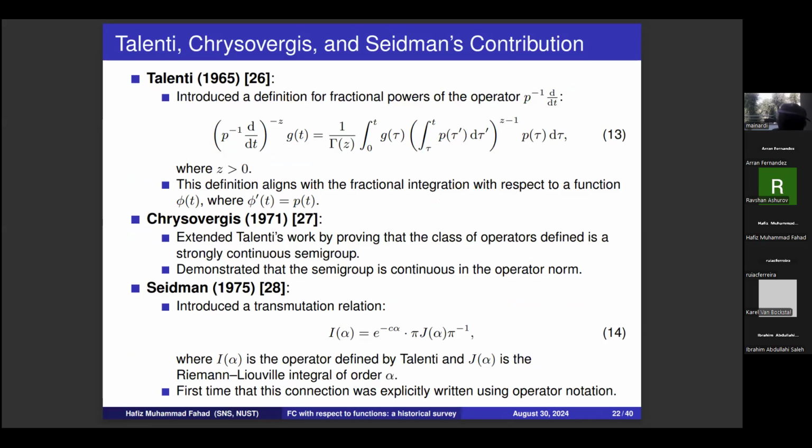And Christopher Guess in 1971 extended his work by proving that the operators form a strongly continuous semigroup, and this semigroup is continuous in the operator norm. So Seidman in 1975 introduced a transmutation relation that linked Talenti's operators with the Riemann-Liouville integral. And this work was the first explicit use of operator notation to establish such connections.